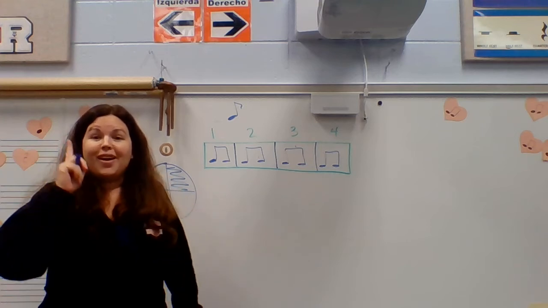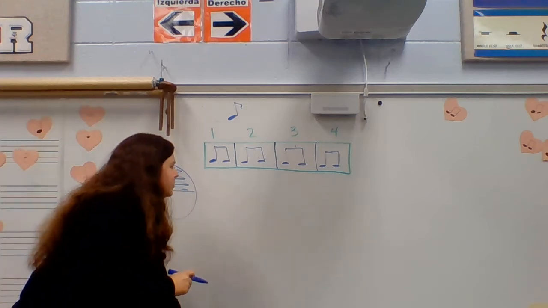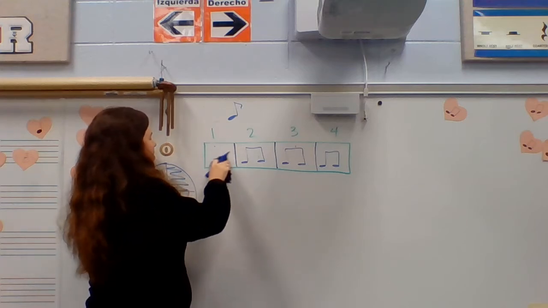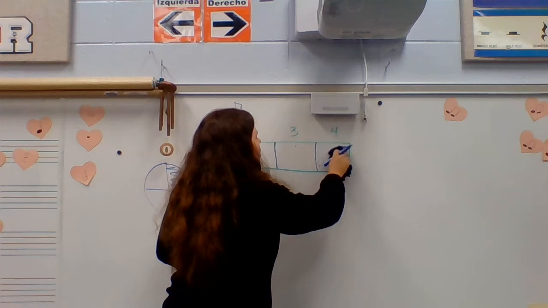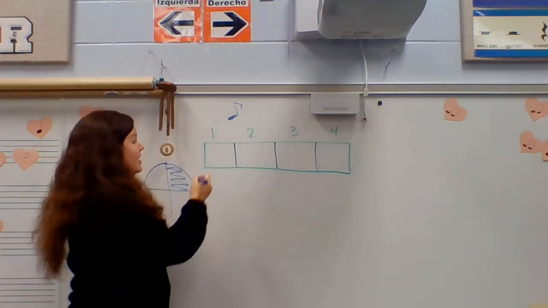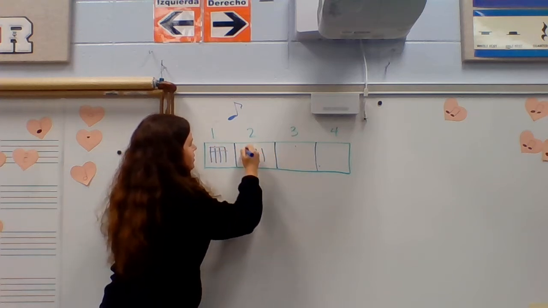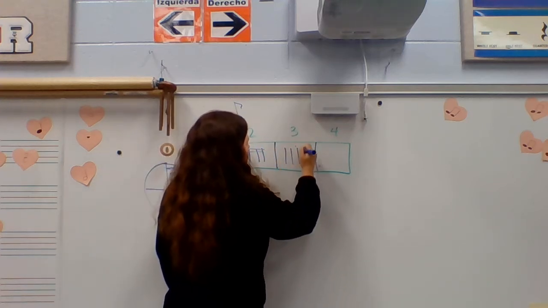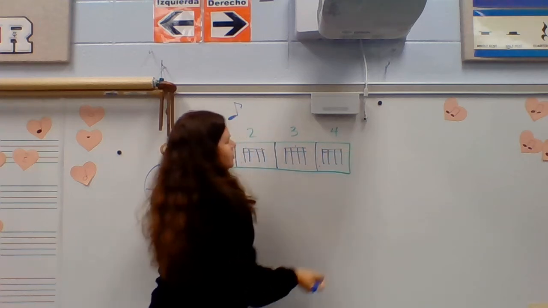Okay. Then one more. It gets a little bit trickier. Sometimes, and you're going to see this pretty soon actually, we can have 4 sounds in 1 beat. So if I have 4 sounds in 1 beat, think about how many sounds that would be in my measure.